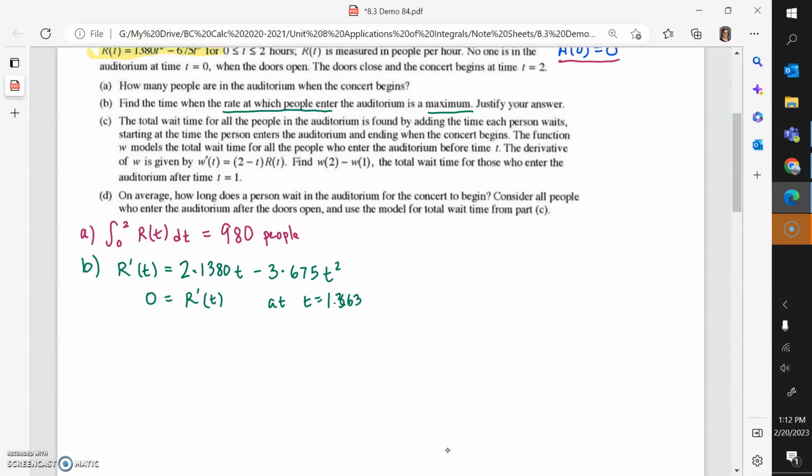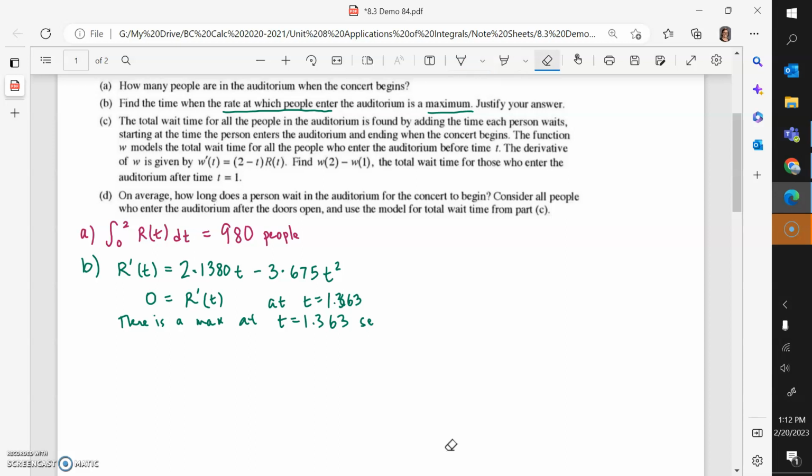I believe enough justification would be to say there is a max at t equals 1.363 seconds, no, hours, because r prime changes from positive to negative.